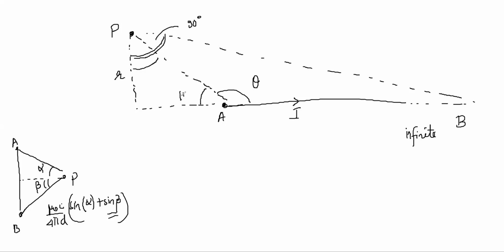This is pi minus theta, so this becomes theta. So 90 and 180 minus theta, so this is 270 minus theta, and you have to add theta minus 90. Right?